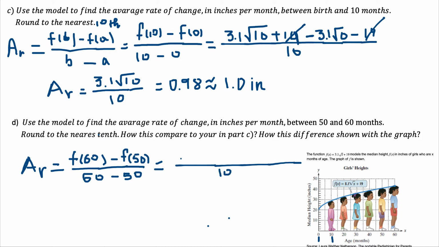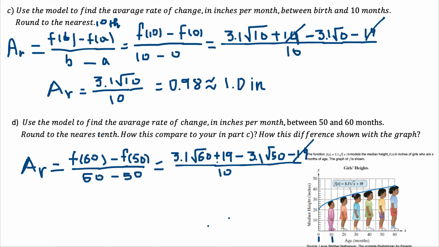And here is 3.1 times square root of 60 plus 19, and minus 3.1 square root of 50, and this minus 19.